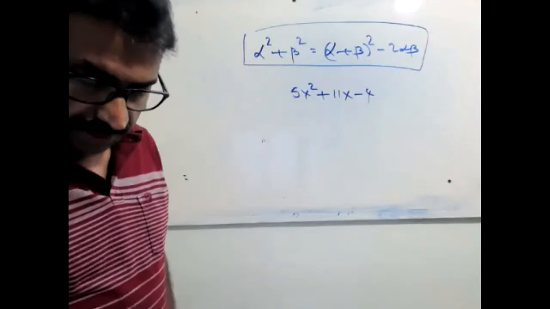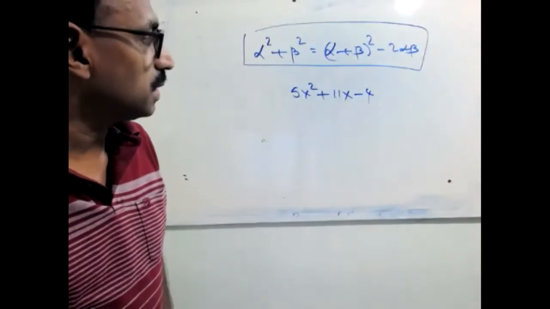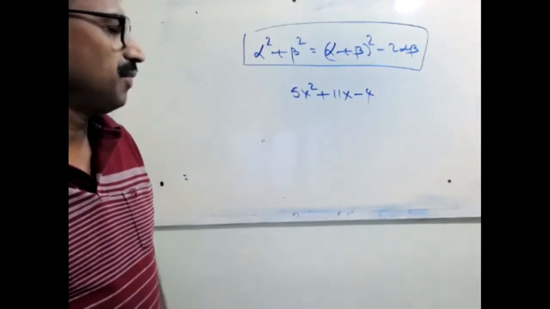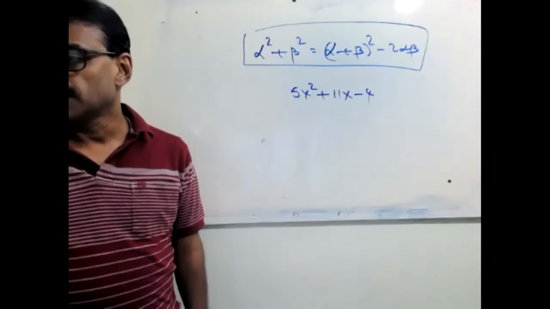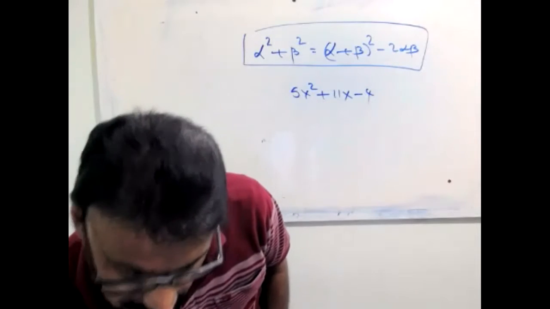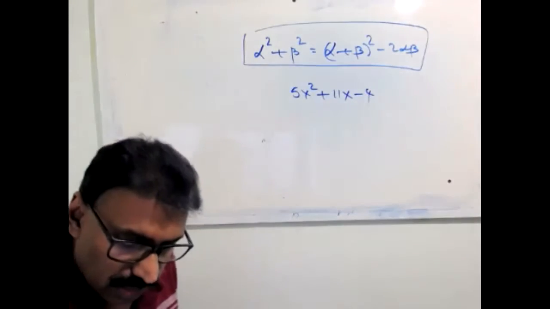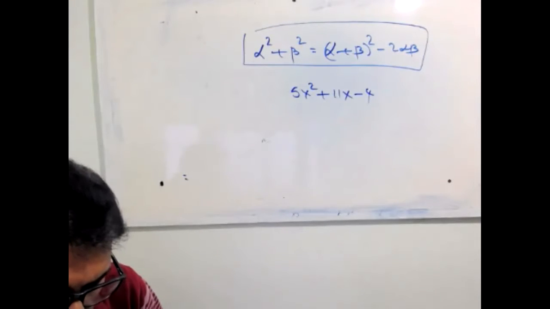Okay, we cannot split this one, right? Listen, 20 and 11, how can we split? We can write 12.